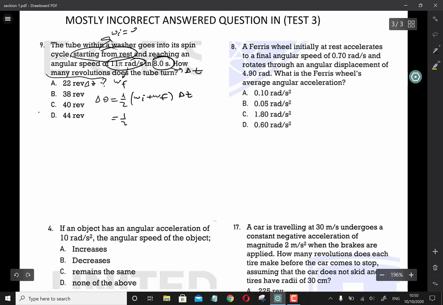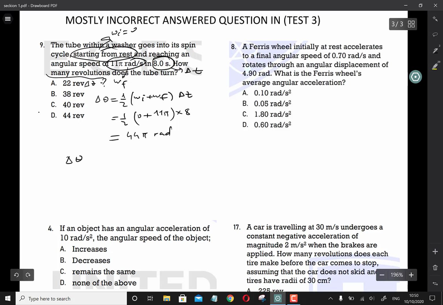So 1/2 times omega initial, starting from rest, is 0, plus omega final, 11 pi, multiplied by delta t, 8 seconds. So 8 divided by 2 is 4. 4 multiplied by 11 pi is 44 pi radians. This is 44 pi radians, but the question is about revolutions.